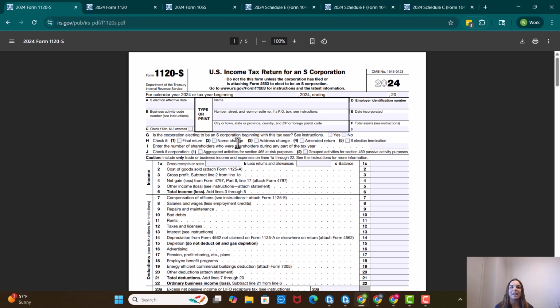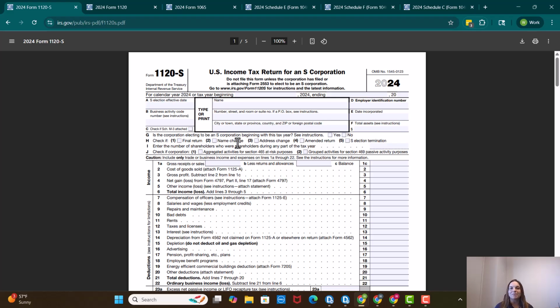S corporations are a hybrid between a C corporation and either a sole proprietorship or a partnership, okay? S corporations generally don't pay income tax at the corporate level, so they are a pass-through entity, but they are going to limit self-employment tax, which we will go over when we discuss S corporations.